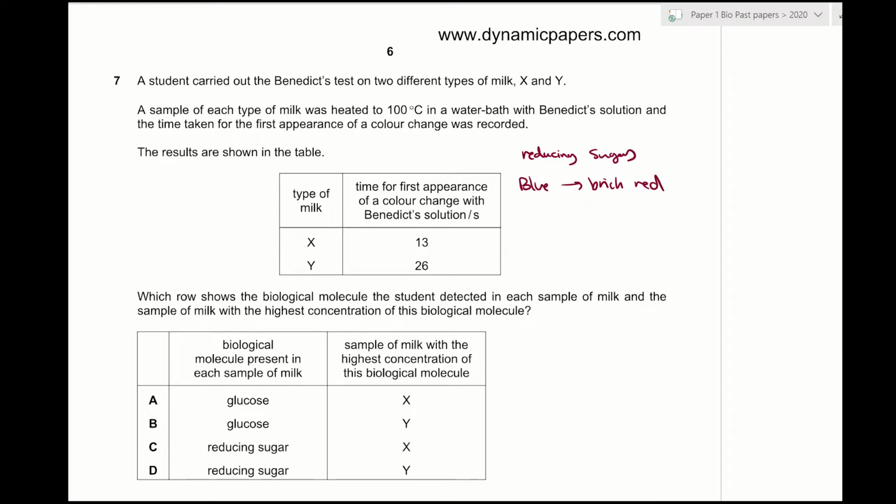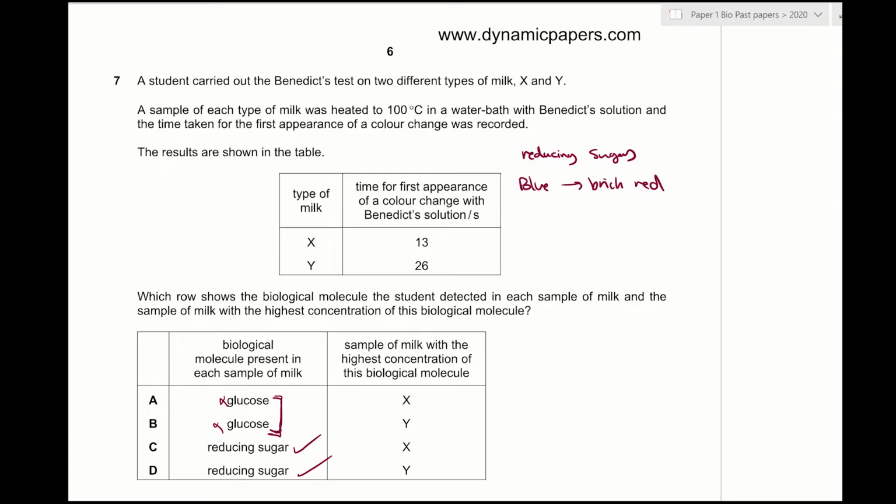So the biological molecule present in each sample of milk must be a reducing sugar. And by the way, we do know that glucose is a reducing sugar, but because Benedict's solution is used to test for the reducing sugars in general, we cannot guarantee that that reducing sugar is going to be specifically glucose. Therefore, glucose in this case is incorrect, and we could just say it's a reducing sugar.